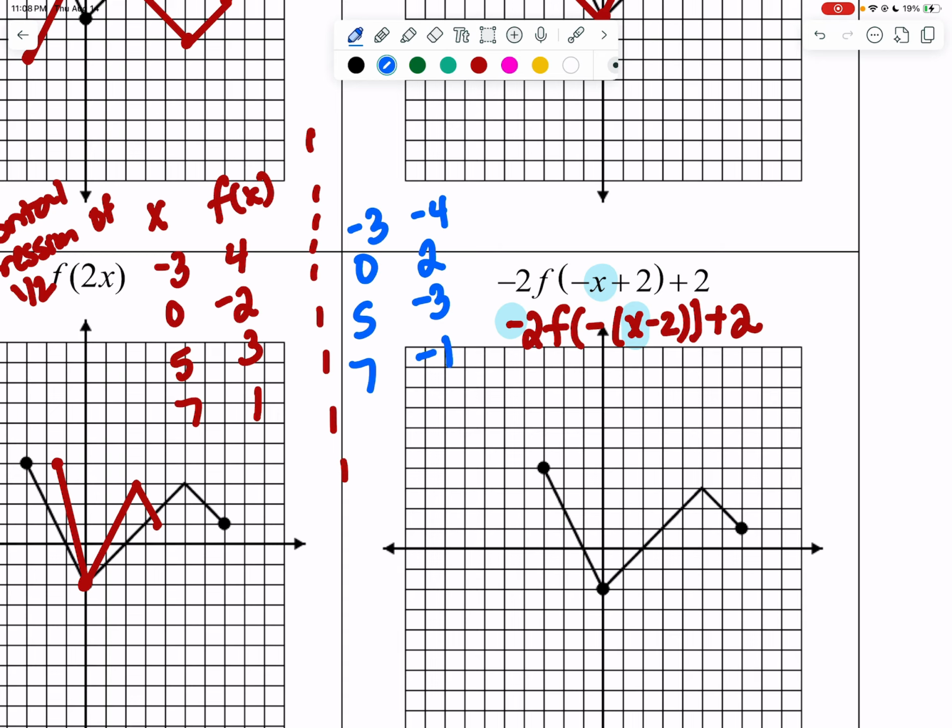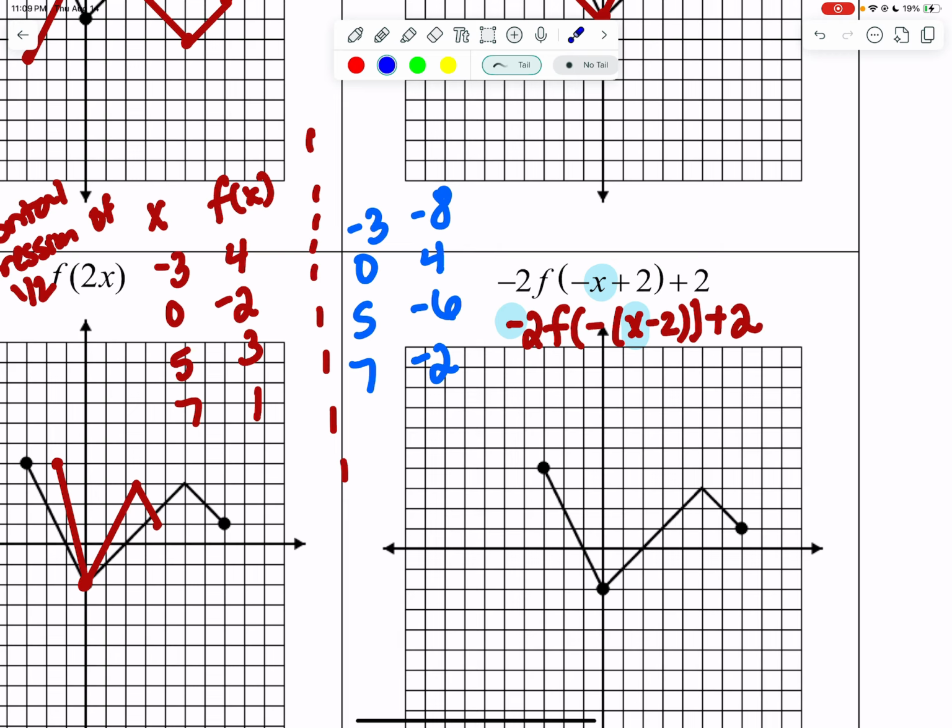So your x value stays the same, your y value becomes negative, and that's the first thing. The second thing is that 2, so technically you could have done this earlier too with that negative, because you're multiplying the y value by negative 2. So this becomes a negative 8. This becomes a 4. And this becomes a negative 6. And this becomes a negative 2.